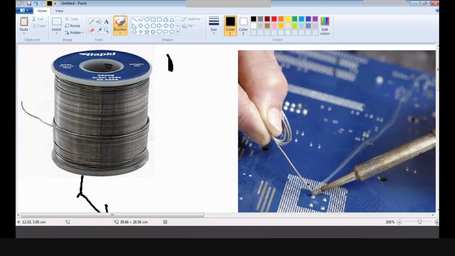Lead is a poisonous material, so you need to take care while soldering. You need to take care of your eyes, and it is also harmful for your lungs because of these fumes. Understood, students?